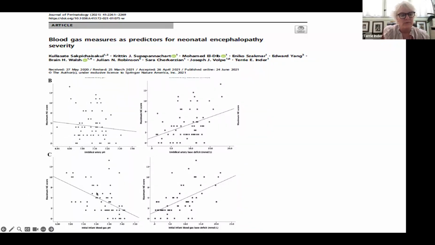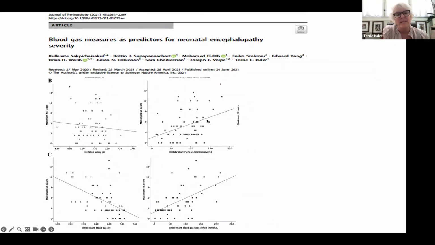But in the same group of infants, the infant's blood gas pH was highly correlated. So the lower the infant's gas, the more likely they were to have an elevated encephalopathy score. And this could also be seen with the base deficit, which of course is the most important contributor to the pH because it's measuring the amount of metabolic acidemia.